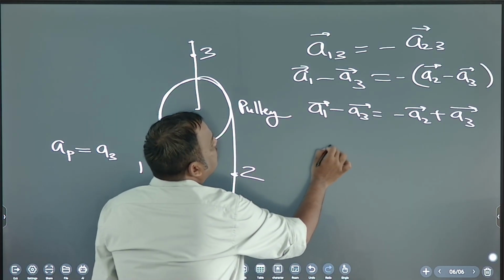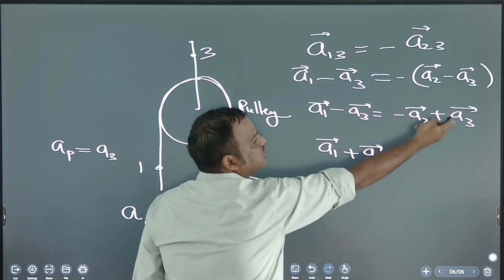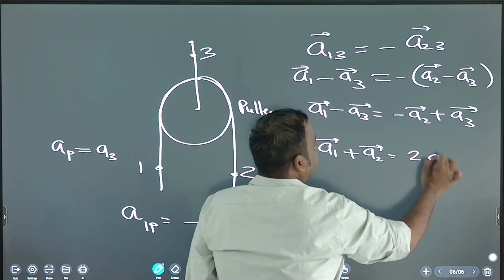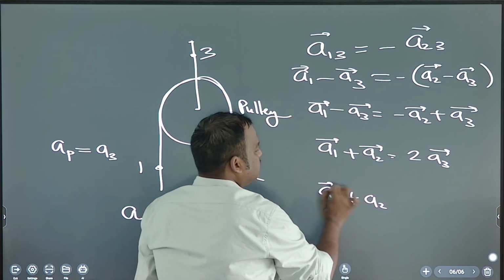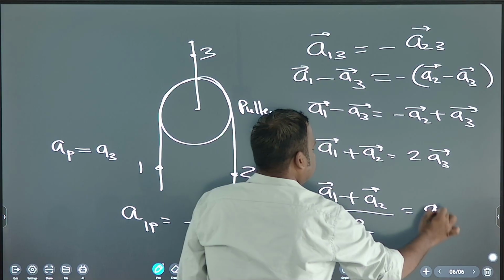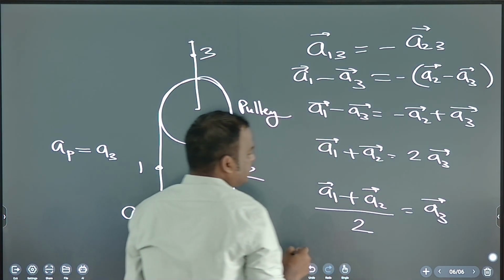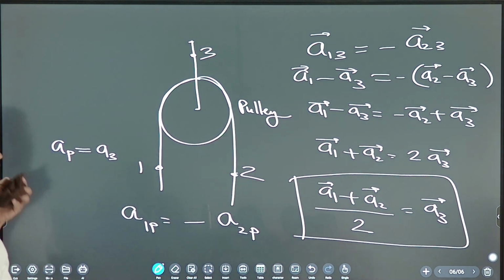So what is the relation now? A1 plus A2 is equal to 2A3. So (A1 plus A2) by 2 is equal to A3. Note down. Remember, upward means plus, downward means minus.